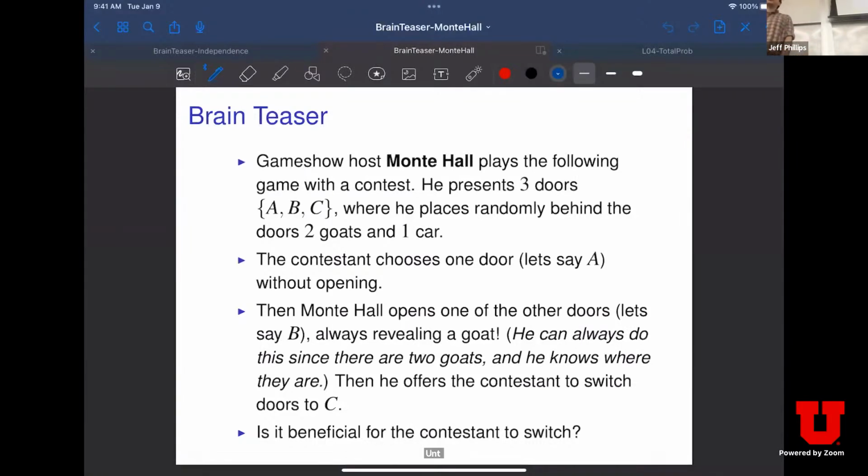So there's one student saying that if you switch, you get a 2/3 chance of getting the car. That's the claim.